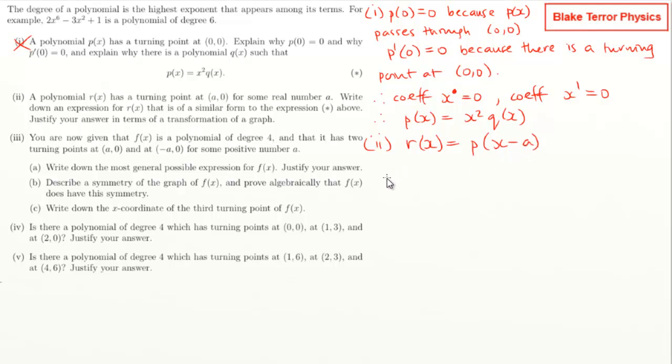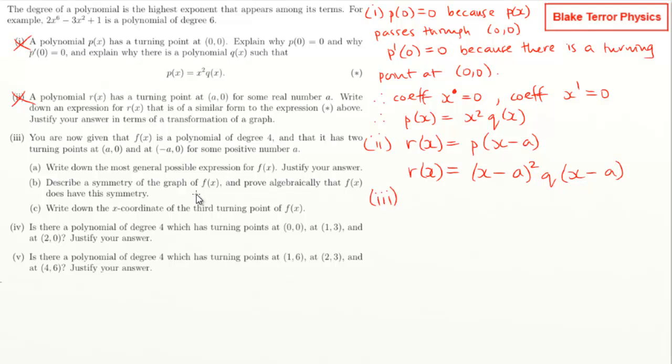That's just to do our transformation of a in the x direction. So that means that we're getting r(x) then is going to be (x minus a) squared multiplied by q(x minus a). That's our r(x). Is that what I wanted? Write down an expression for r(x) similar to that. Yes. Okay.